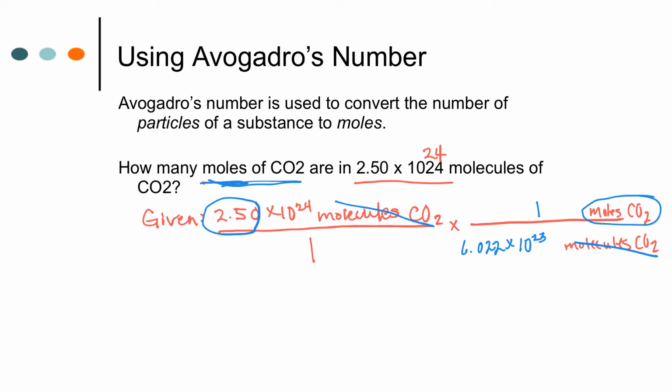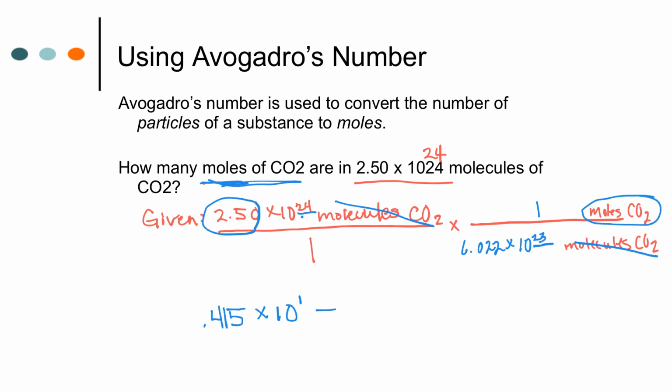And for that, we get 0.415, right? However, we also have to divide our exponents. And when you divide exponents, you're subtracting. So we take 24 minus 23. And that gives us 10 to the first power, right? 24 minus 23 gives us an exponent of 1.